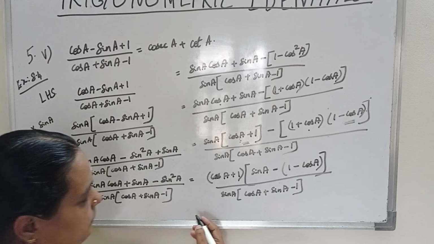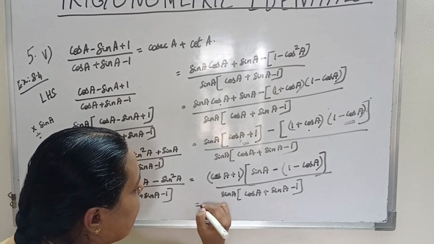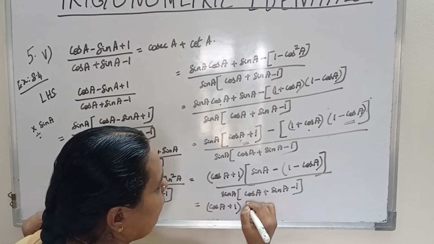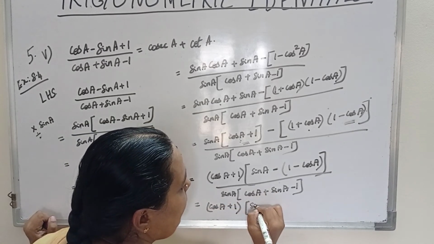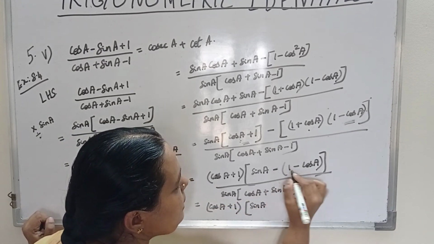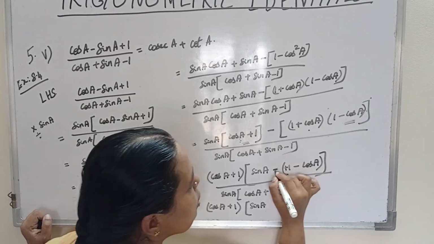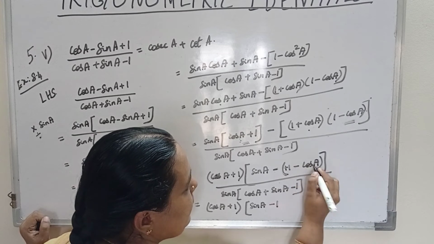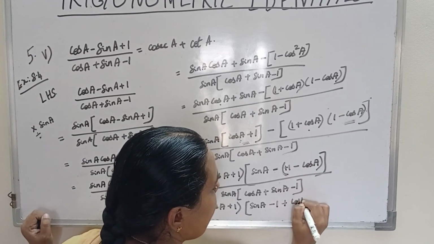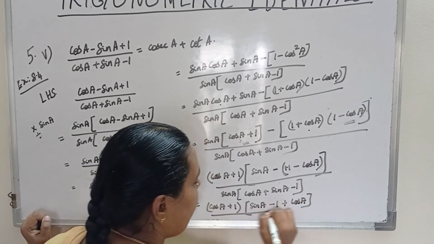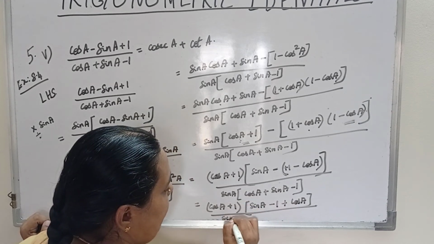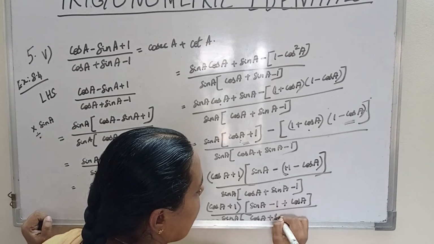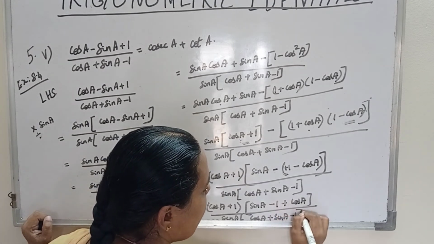So in the next step again, we will write it as cos A plus 1 into sin A minus 1 plus cos A. Minus into plus 1 is minus 1, minus into minus is plus, plus cos A, divided by sin A into cos A plus sin A minus 1.